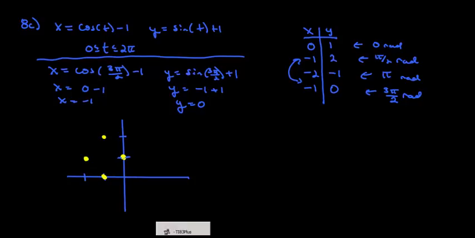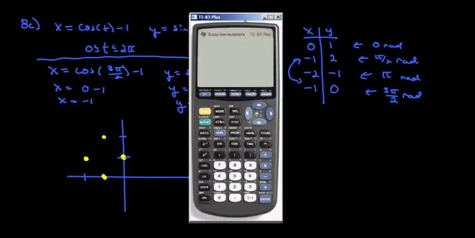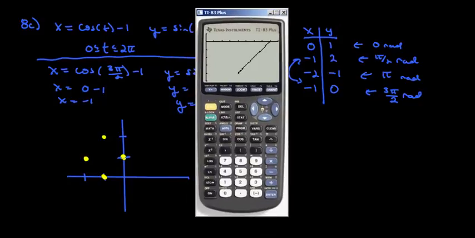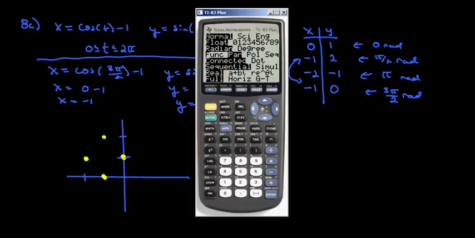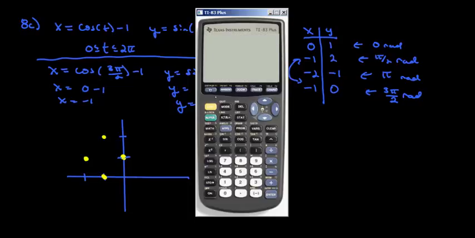So let's go ahead and check our calculator and see what that gives us. So I'm going to make sure I'm in radians, which I am, because my t values are going to be in radians. So we're going to go cosine of t minus 1 and sine t plus 1.